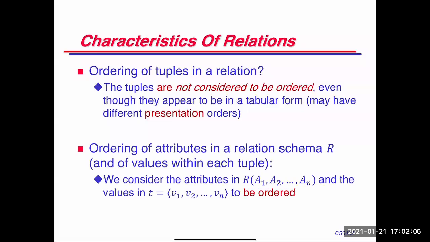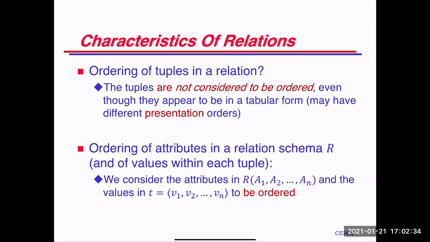So that's why usually we don't assume that there's some ordering on the rows in such a table. Now, on the other hand, when we look at the attributes of a specific relation, and sometimes you call this the relation schema, if we have our relation R, then we do care about the ordering. Usually we will describe a relation R in the following form: R, and then all the attributes of R, A1, A2, all the way to AN.